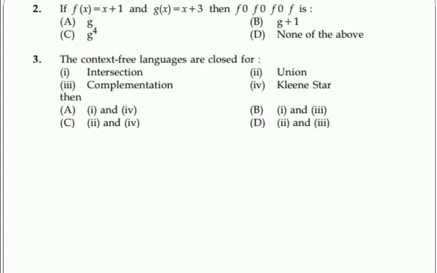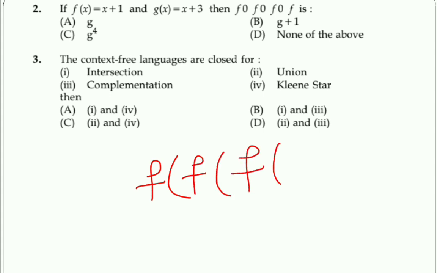Second question. If f of x equals x plus 1 and g of x equals x plus 3, then f circle f circle f circle f. Here circle means f of. So the given expression results in f of f of f of f of x, right?